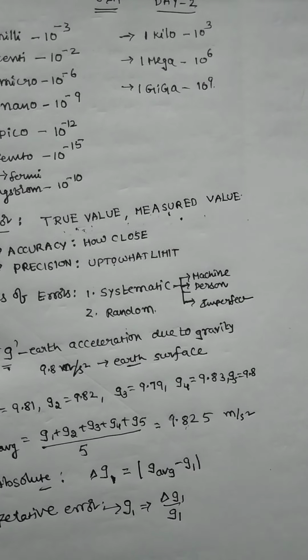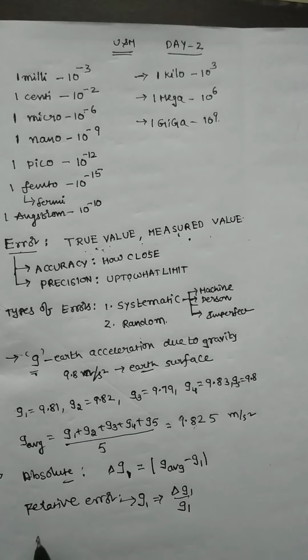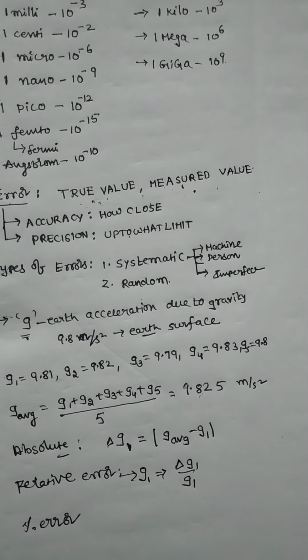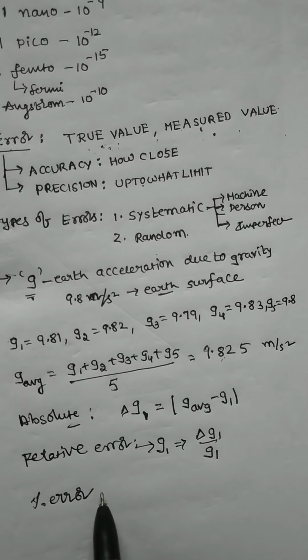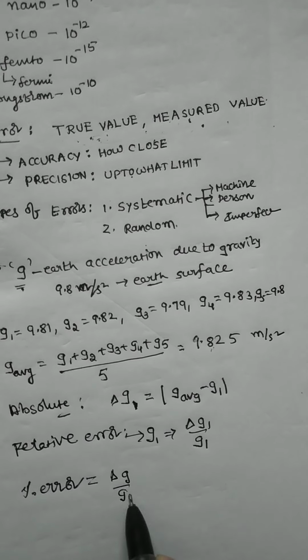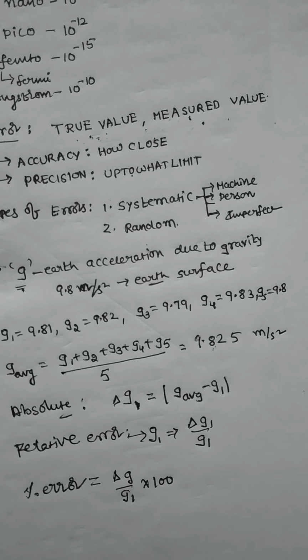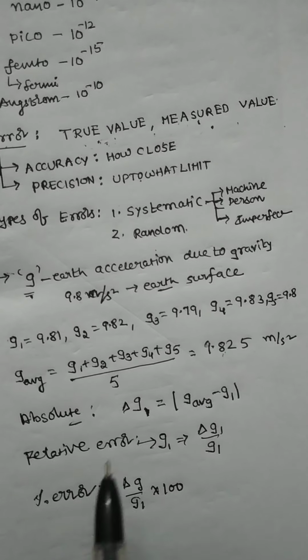And the next one is called percentage error. That percentage error is represented as delta G1 by G1 multiplied with 100. So that is said to be the types of errors.